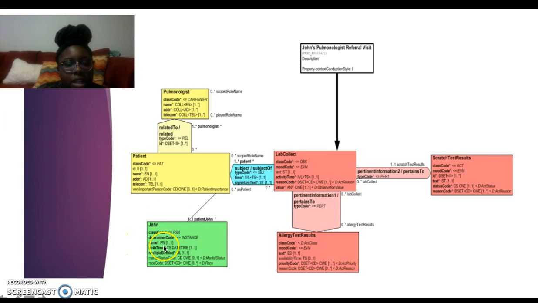So name, date of birth, marital status, race, just some demographic information on him, so you'll have that. And then the patient is related to the caregiver, which is the pulmonologist. In order for the pulmonologist to be on here, you need his name, his address, his telephone number, just so you can have that information should it be needed.